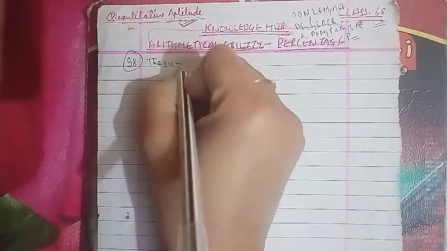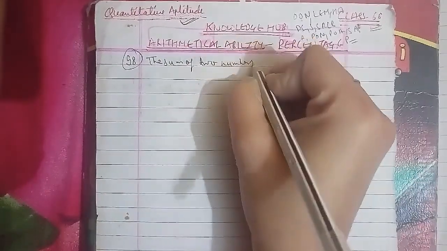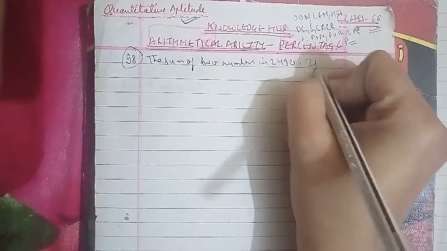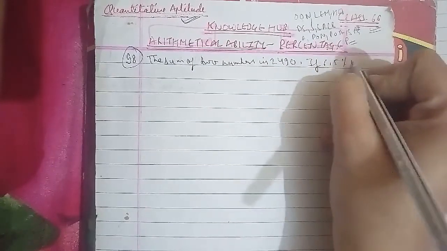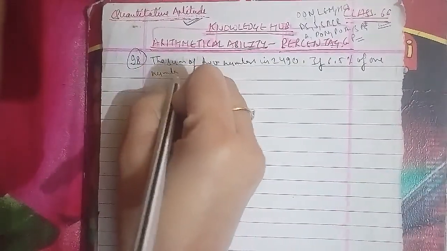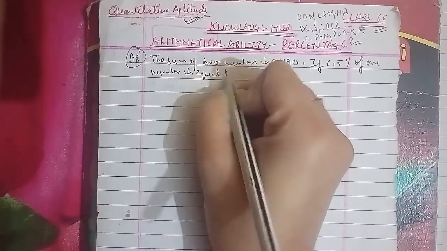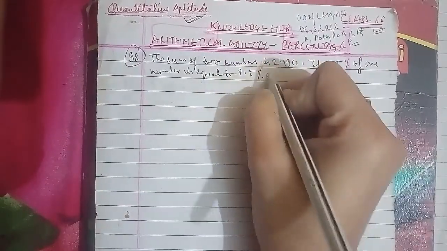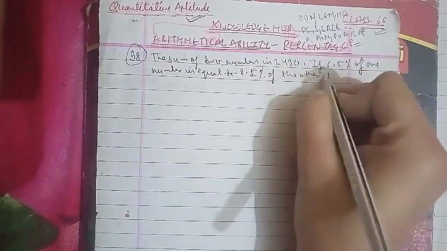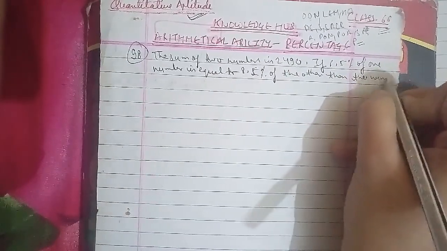The sum of two numbers is 2490. If 6.5% of one number is equal to 8.5% of the other, then the numbers are.